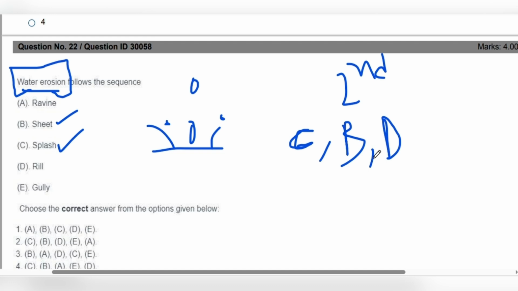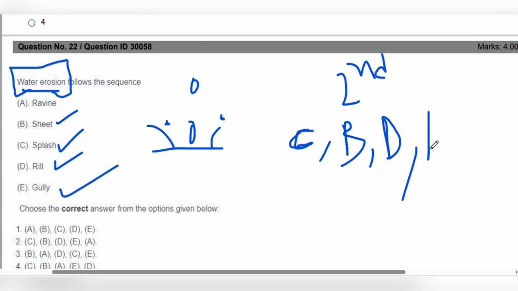Sheet erosion is uniform removal of the topsoil, whereas rill erosion occurs where some areas of the soil have lower tensile strength. There some depressions are formed, some channels are formed, which can be easily managed by normal tillage operations. Say you plow the soil and these rills will go away, but it forms the rill erosion. So it will be C, B, D, and after rill we know comes the gully.